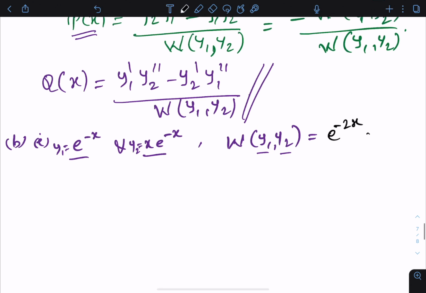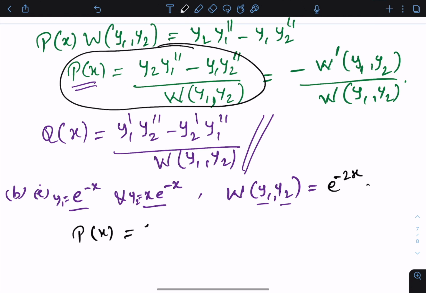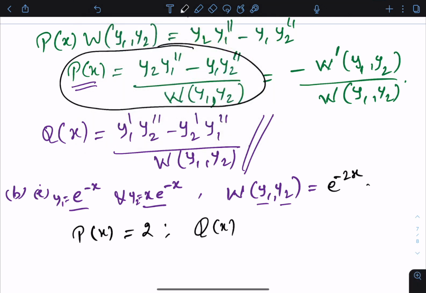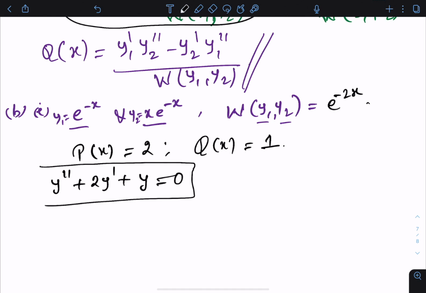Once you use W to be that in this formula for p, you are going to get p is 2, and q to be 1, which means the differential equation that you are looking for is y double prime plus 2y prime plus y equal to 0. This is the differential equation for which these two will be solutions.